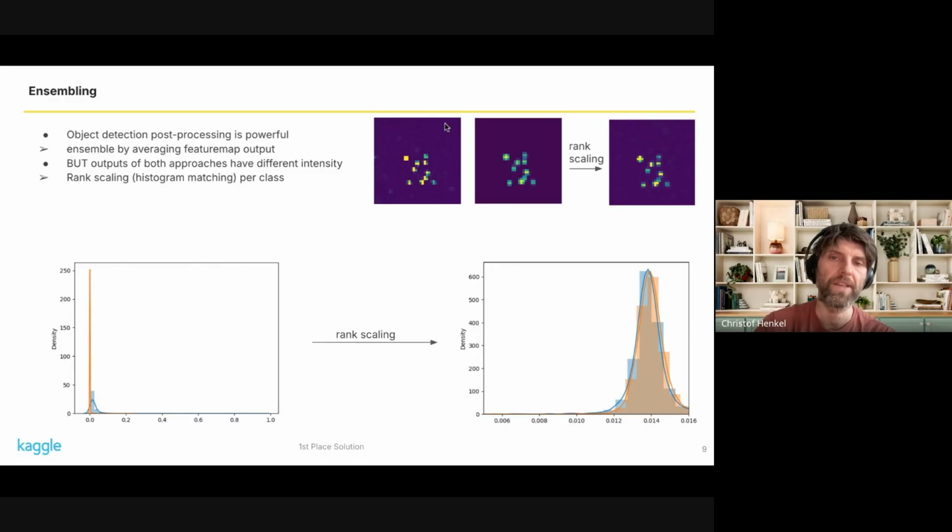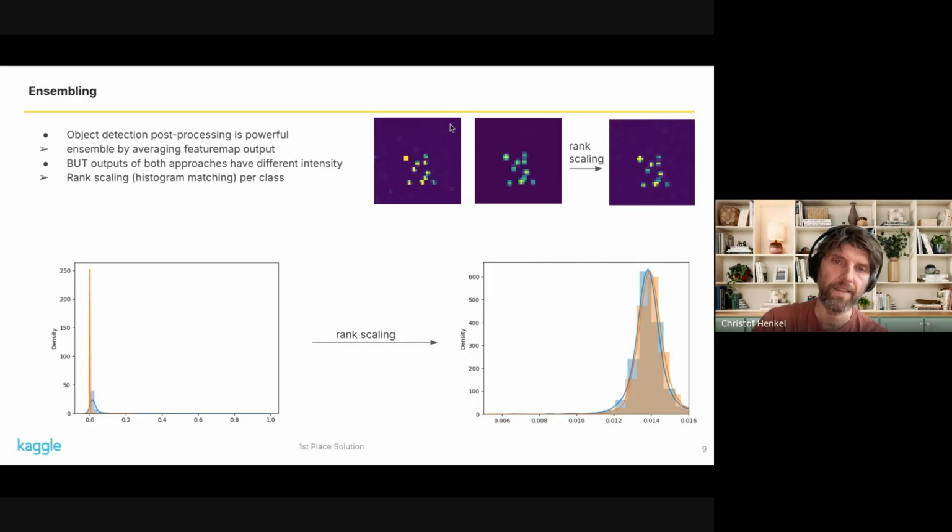And what I found is that if you do a histogram matching or rank scaling, however you call it, so basically making both histograms aligned with each other by forcing the predictions to have the same quantiles and rankings, this really helps to combine both solutions.